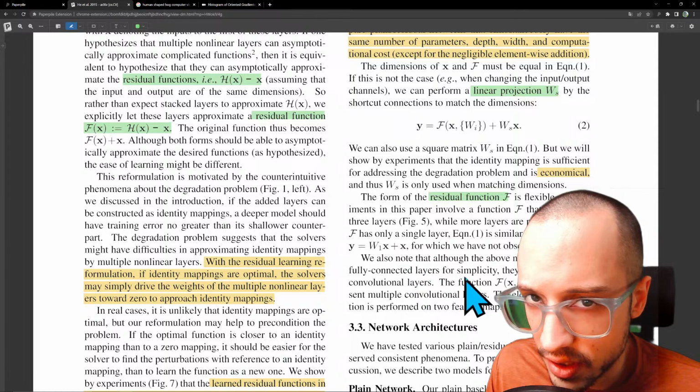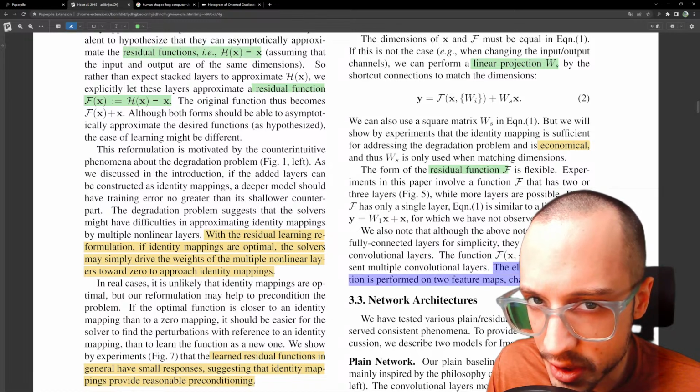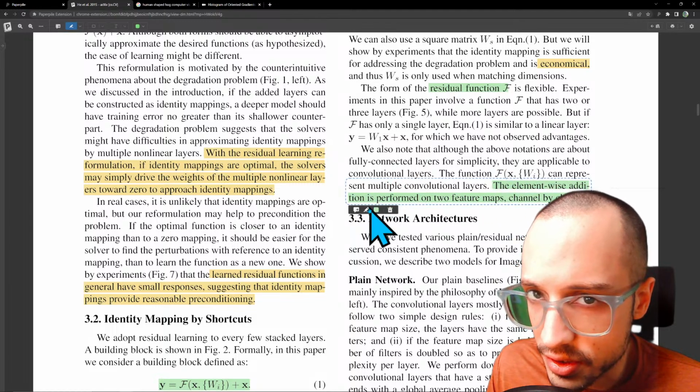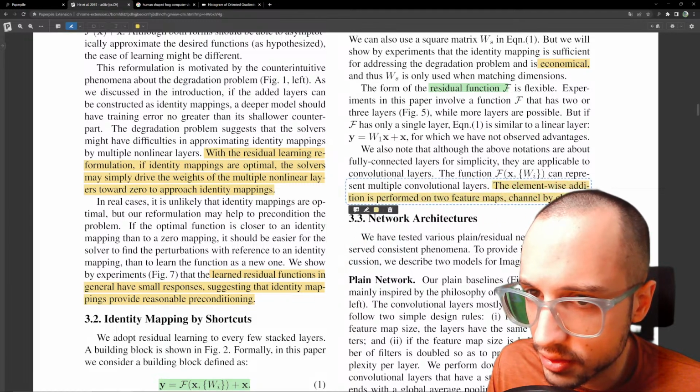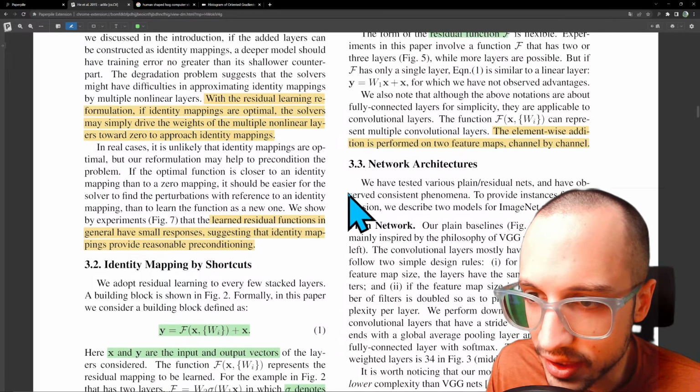We also note, although the above notations are about fully connected layers for simplicity, they are applicable to convolutional layers. The function can represent multiple convolution layers. The element-wise addition is performed on two feature maps. So there's nothing about skip connections that is limited to linear layers. You could do this with anything, right?